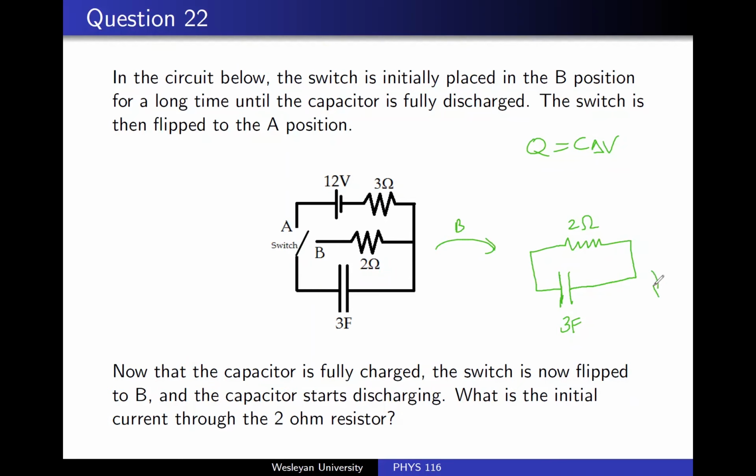And so our current, which is delta V over R, is simply 12 over 2, which is 6 amps. Of course, it doesn't stay at 6 amps. As the charge on the capacitor decreases, so does the voltage. And as the voltage decreases, so does the current.